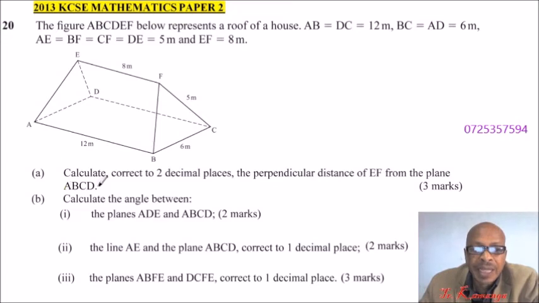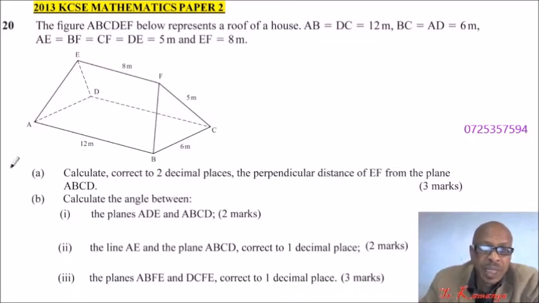Part A: calculate, correct to 2 decimal places, the perpendicular distance of EF from the plane ABCD. So the perpendicular distance is the distance from here to the plane ABCD.